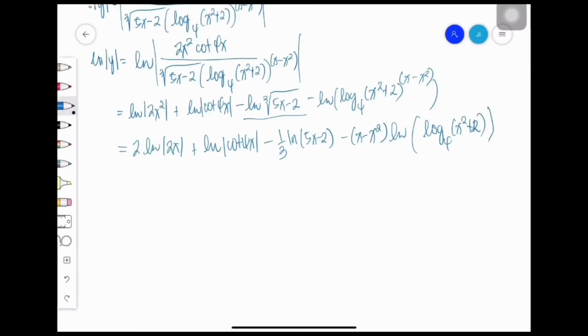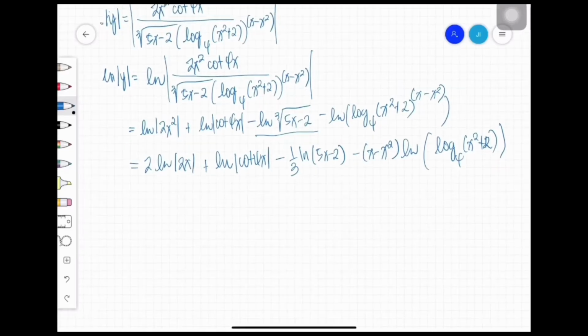Then we can implement implicit differentiation on both sides, right?